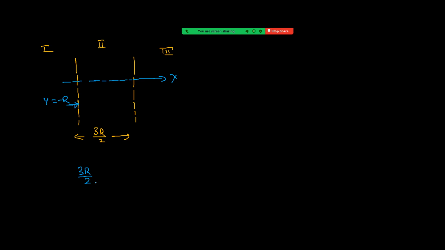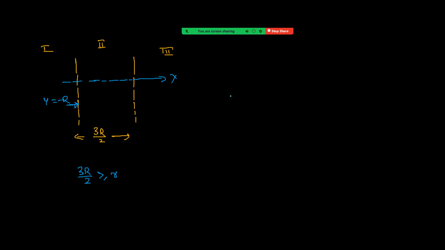If this is greater than or equal to the radius, in that case it follows a semicircular path. It is like this. Equal to means it will touch this line. It will go like this.